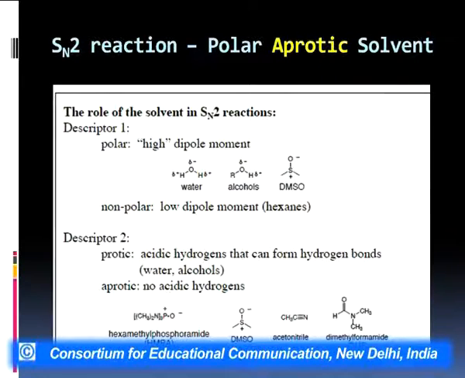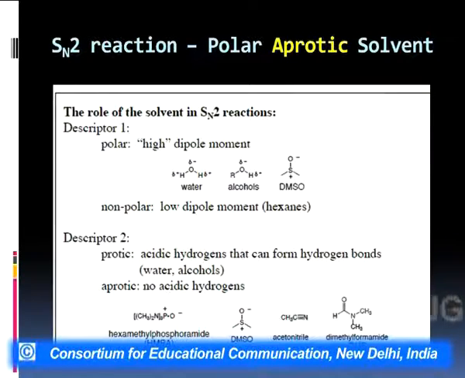One is a polar solvent which has a high dipole moment, such as water, THF, alcohol, where THF is tetrahydrofuran, or we have non-polar solvents like hexane and benzene. Nucleophilic substitution reactions that are bimolecular are also favored by polar solvents. But in this case, what we need is an aprotic polar solvent.